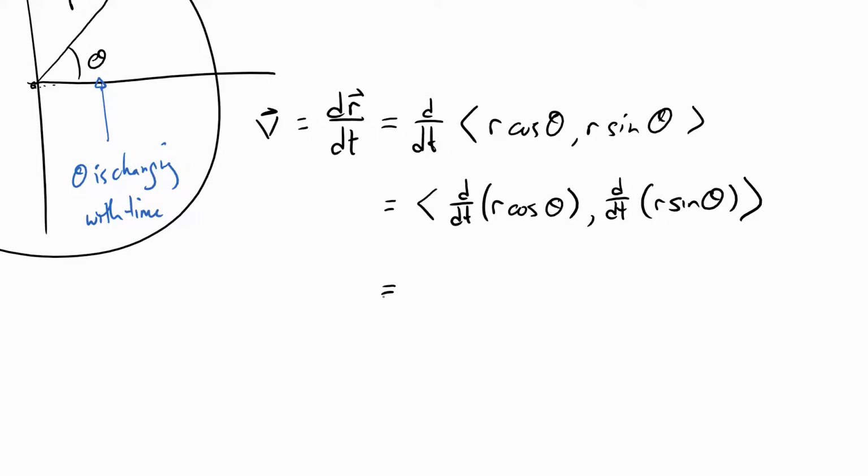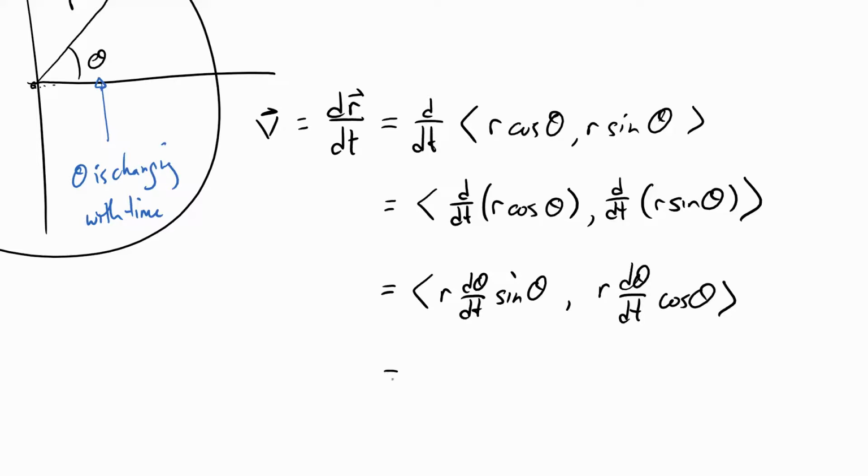If I look at this, this being a circle, r is constant, so I'm just taking the derivative of cos theta, which would get me, by the chain rule, r d theta/dt times sine theta, and then r d theta/dt times cosine theta.